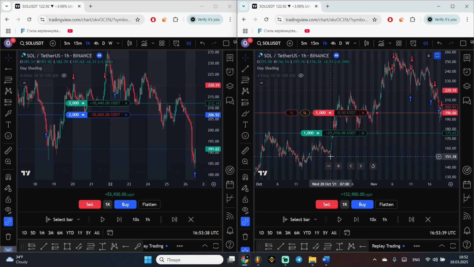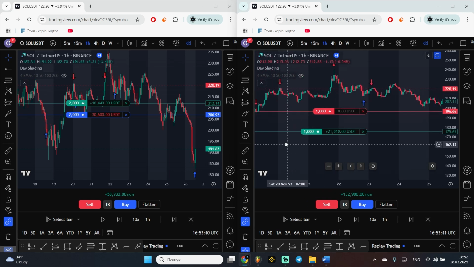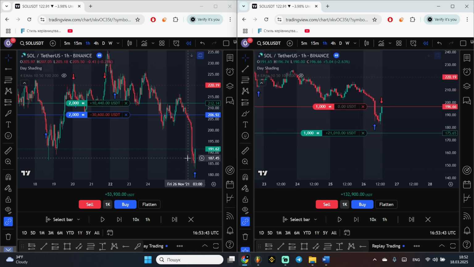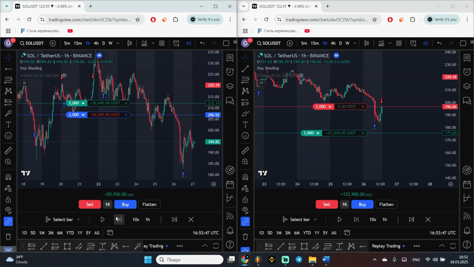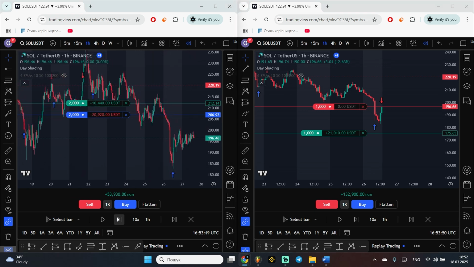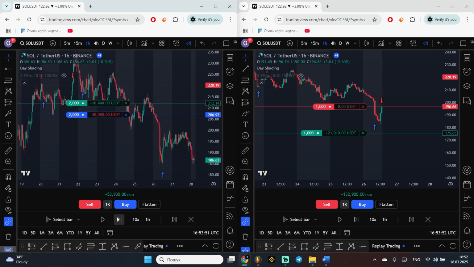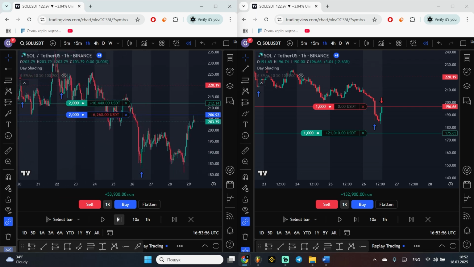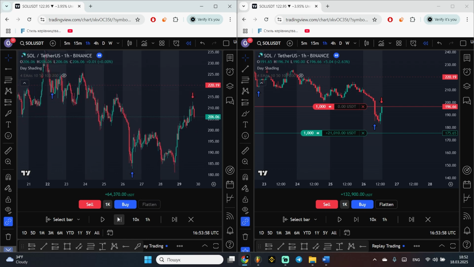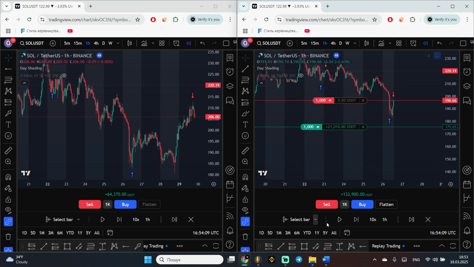Previous level over here. I'm honestly pretty amazed right now because I was not expecting it to take. I was expecting to get into the drawdown, but okay.